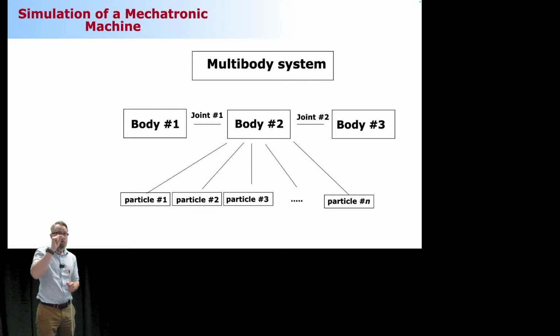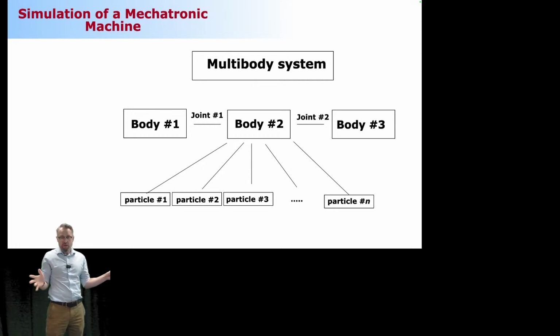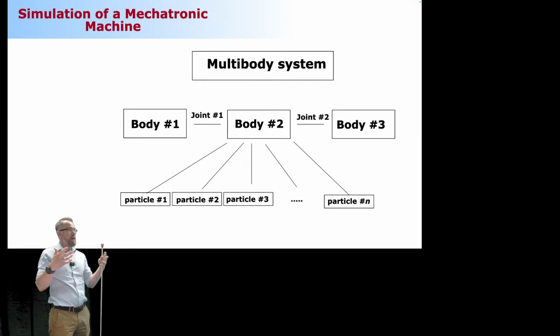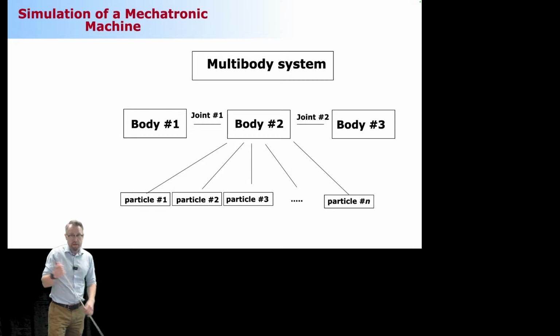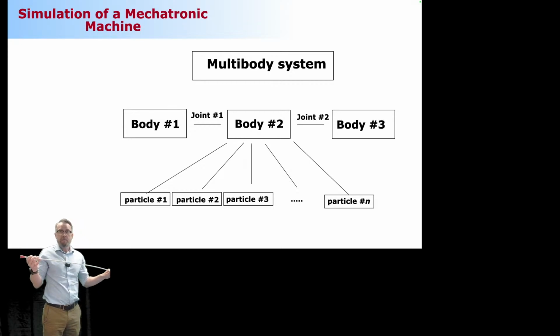Because if something is small enough, rotational degrees of freedom become immaterial, insignificant. That's an assumption we make. So we are looking at these very small dots, points. And actually each of the bodies will consist of an infinite number of particles. Once we have this infinite number of particles, all of them will make a body. A body is then connected to the next body via joints and so on and so forth. That's how the system goes.